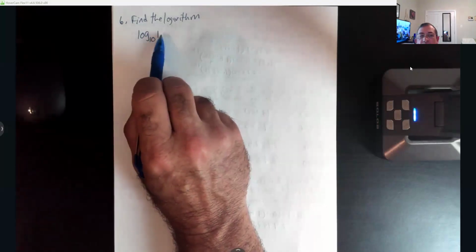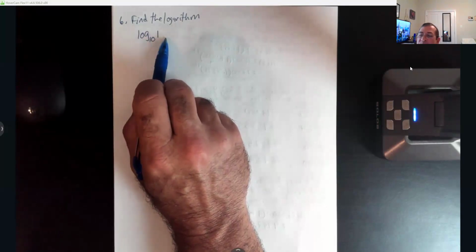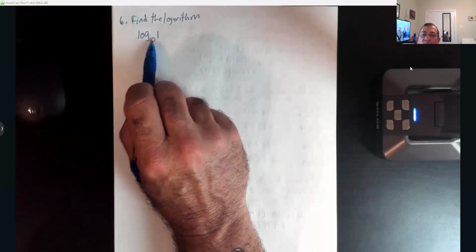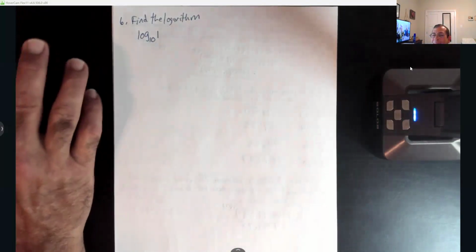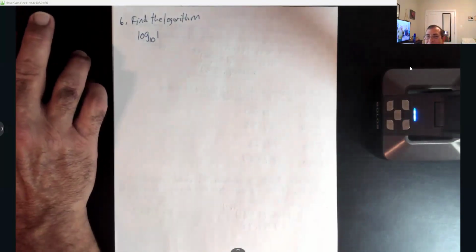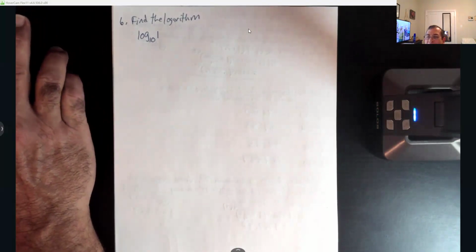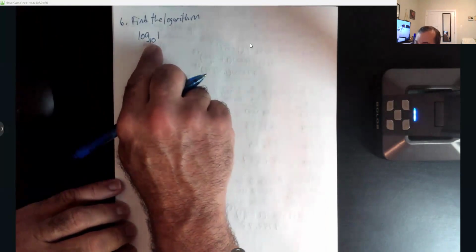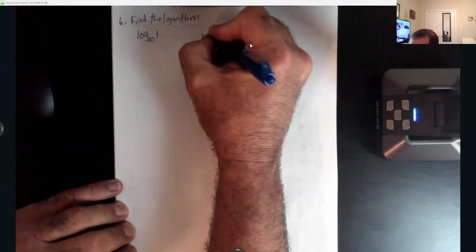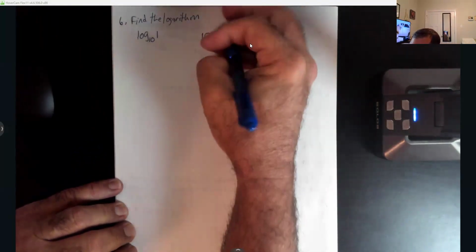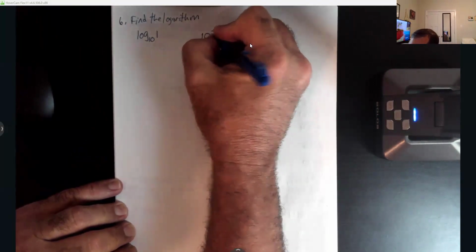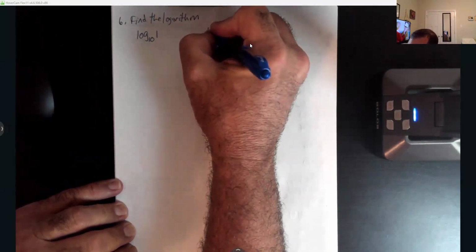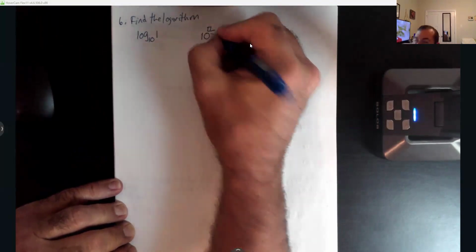If that result equals 1, there's only one exponent in the world that can turn any number into a 1. So think about this: a base 10 to some exponent is going to equal that 1.